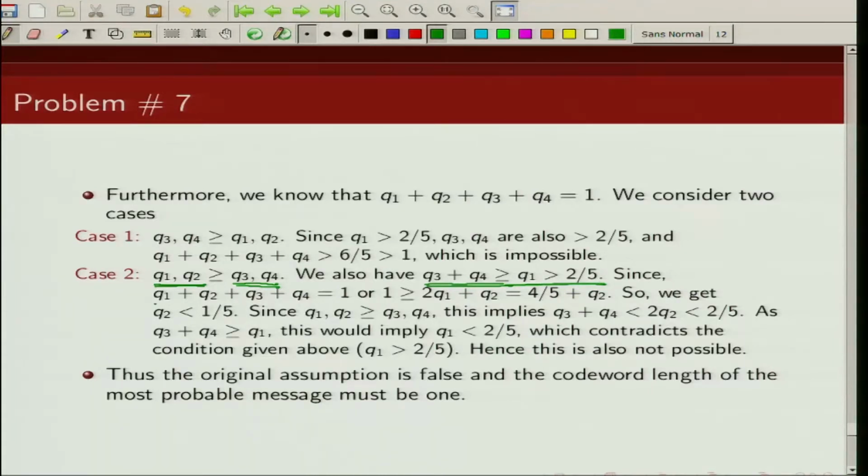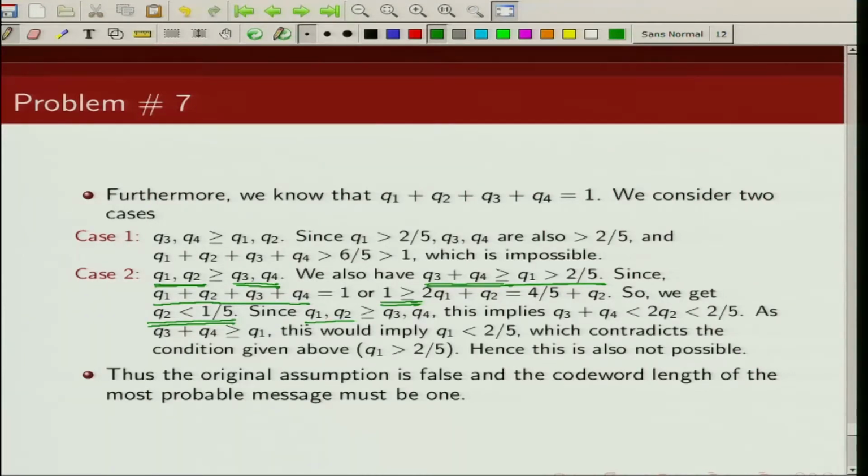Now since Q1 plus Q2 plus Q3 plus Q4 should add up to 1, what we get from here is, so 2 times Q1 plus Q2 is less than or equal to 1. So 4 by 5 plus Q2 is less than or equal to 1, or we get Q2 is less than 1 by 5.